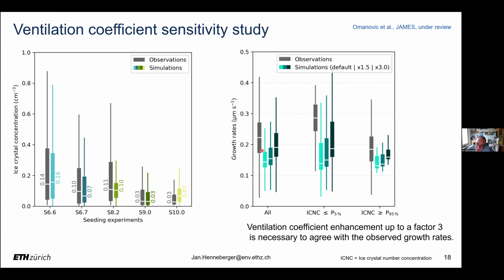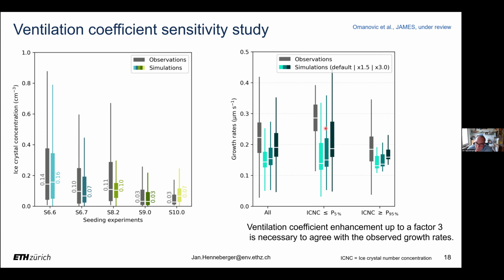It's a bit interesting: in the measurement you see that at low ice crystal number concentration the growth rates are higher, but in the model it doesn't change much. The decrease at high ice crystal number concentration, both model and measurement show.